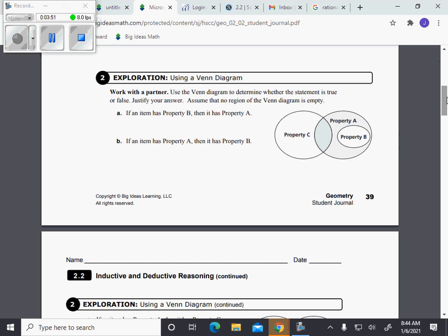Letter B, if an item has property A, then it has property B. Is that true or false? That's false. Why? Find any spot in property A that's not in property B. For example, here's property A, that's not in property B, right?